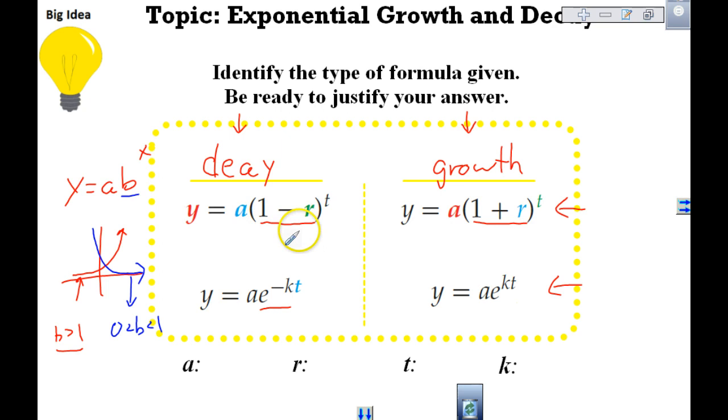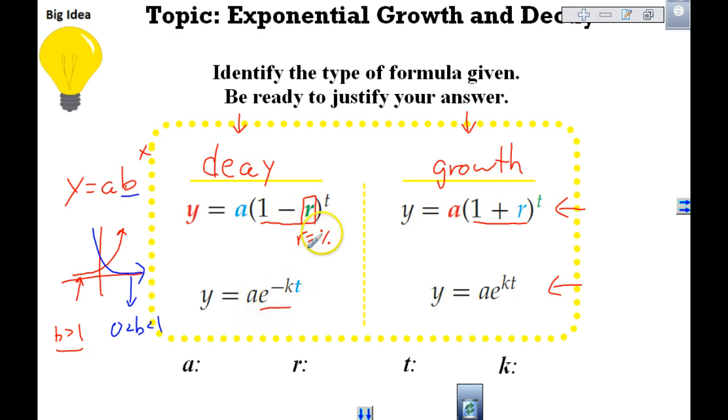In general, if you look at what the difference is, this has an r. r is usually given as a percentage, so if it's a percentage problem, you'll know that you have to use either of these, depending on growth or decay. On the other side, if they don't give you a rate, it probably means it's going to be the rate of e.